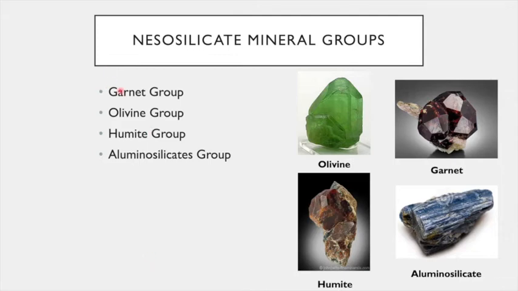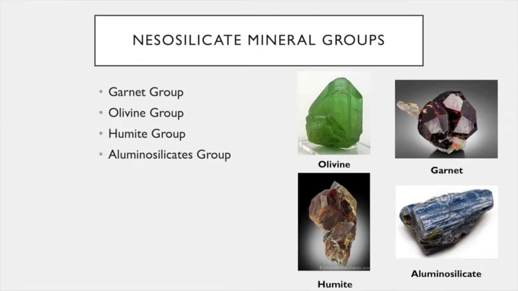Garnet group, here you can see the beautiful picture of garnet. Actually, the most important thing I wanted to share with you guys is that garnet and the nesosilicate minerals are known as a group of gemstones, which have higher specific gravity, hardness, and the beauty of gems.